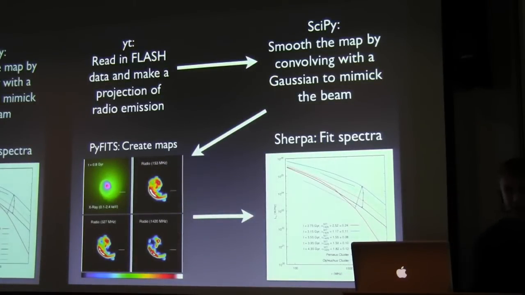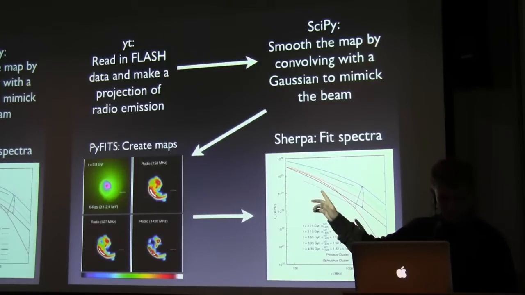An example of how this is working in a paper that I've just about finished: I used YT to read in FLASH data and make a projection of radio emission. I used the convolution function in SciPy to smooth the map, convolving with a Gaussian to mimic the radio beam.